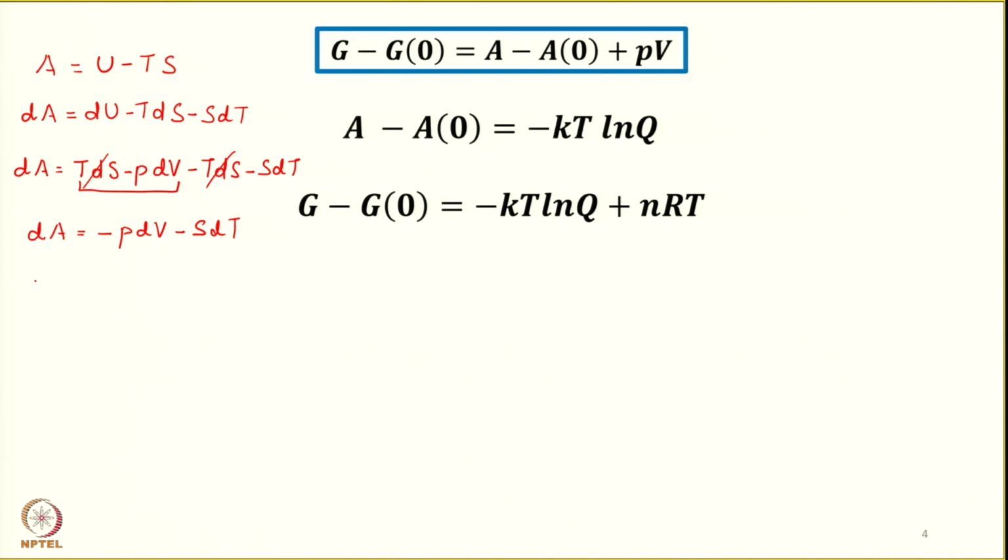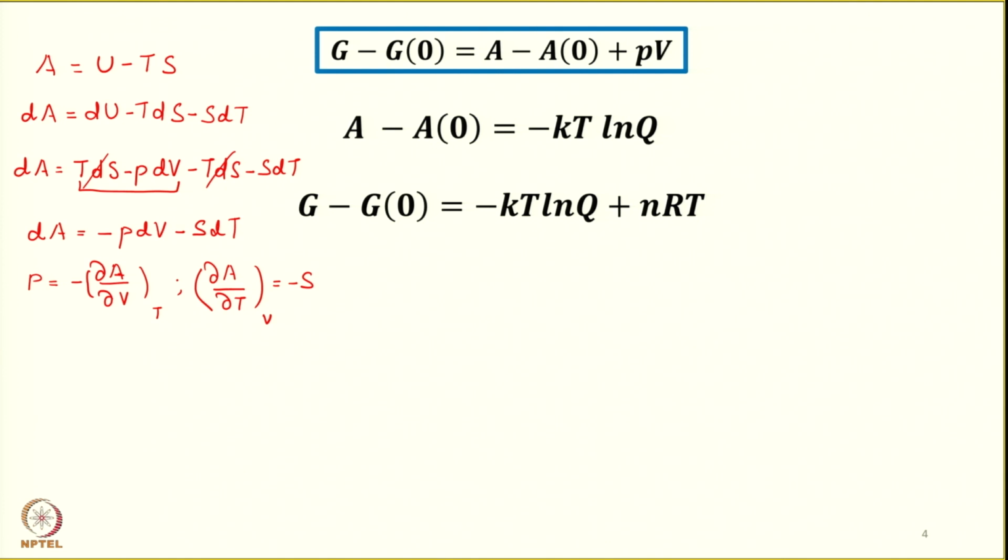One is that pressure is equal to minus partial derivative of A with respect to volume at constant temperature. This is one definition. And the second is that partial derivative of A with respect to temperature at constant volume is minus S.